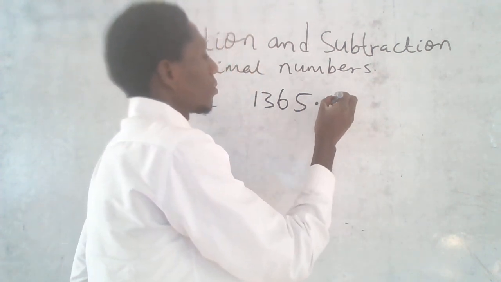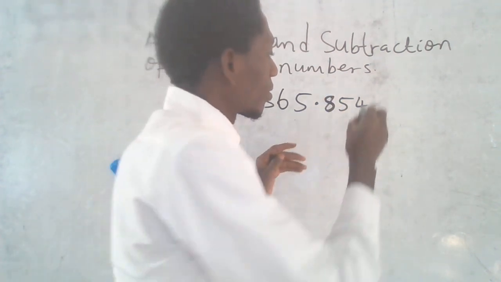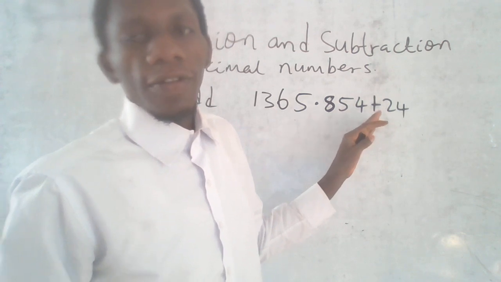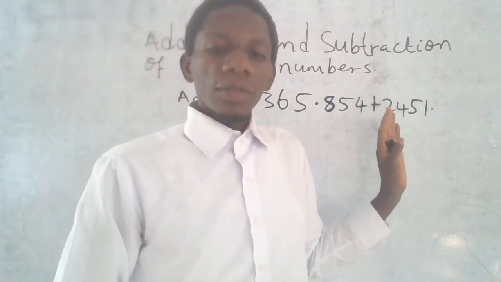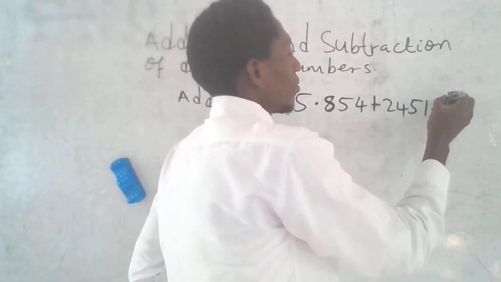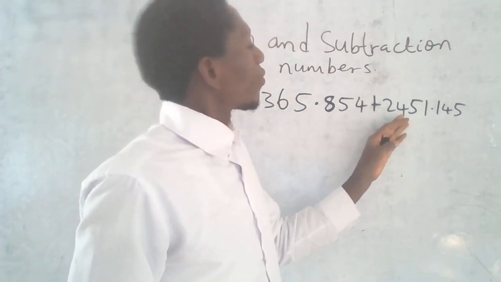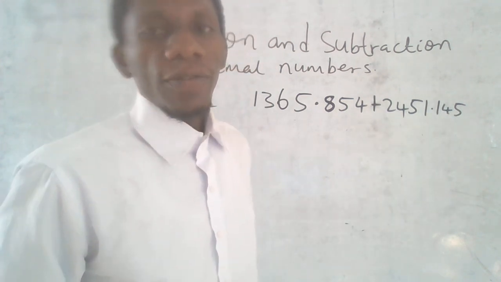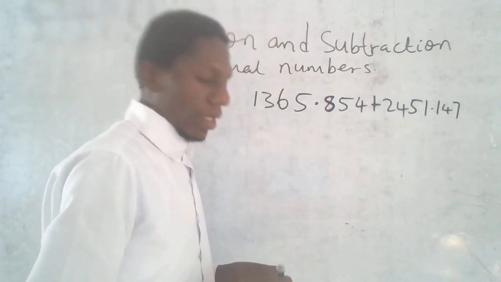Okay, now plus, let's say, 2451, then 0.524, point 154. Let's say we have to add 2451.145 or 7.